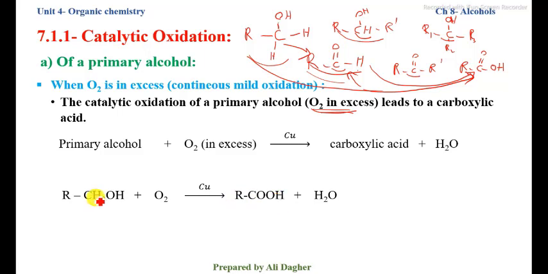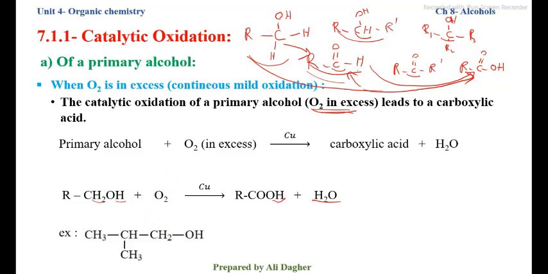We balance the hydrogen, 2 and 1, 3 hydrogen. Here in product we have 1 hydrogen, so we add H2O to have 3 hydrogen as in reactant. Oxygen in product: 2 oxygen in acid and 1 oxygen in water, 3 oxygen. In reactants we have 1 oxygen and O2, 2 oxygen, then 3 oxygen. Then we need 1 O2.